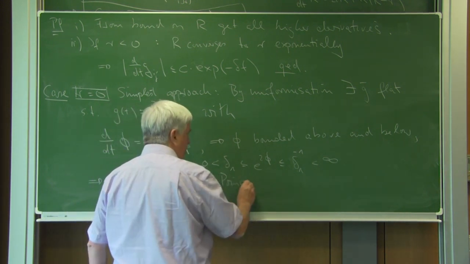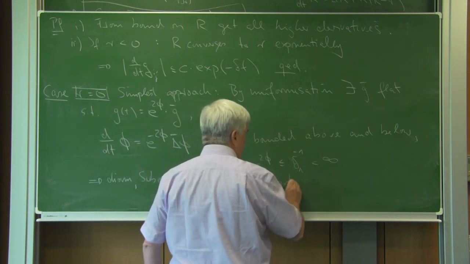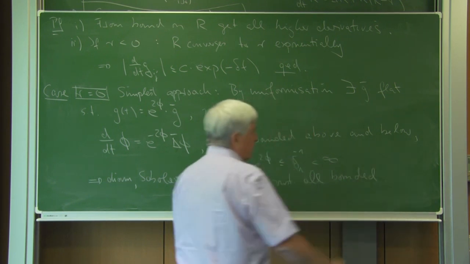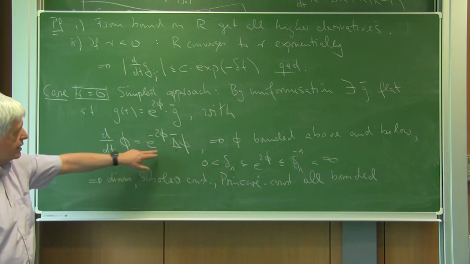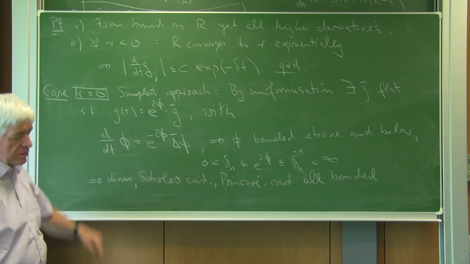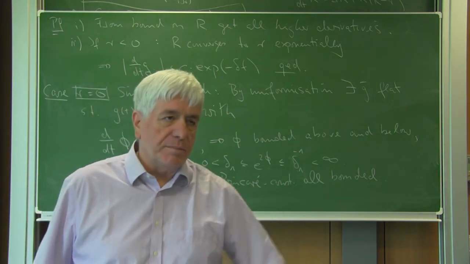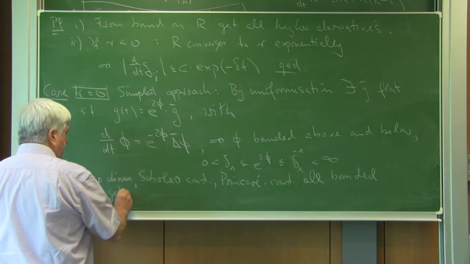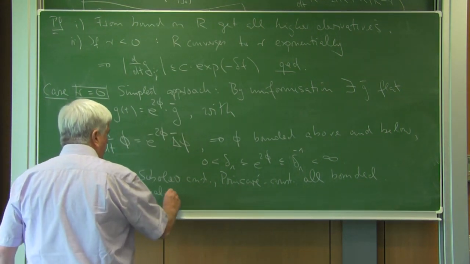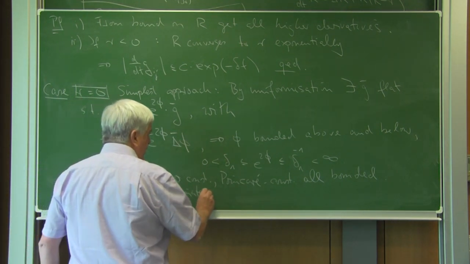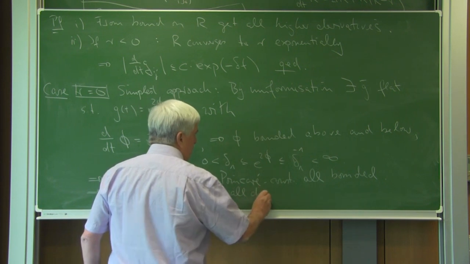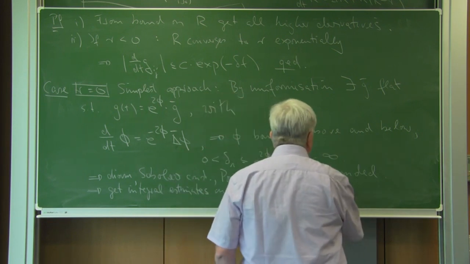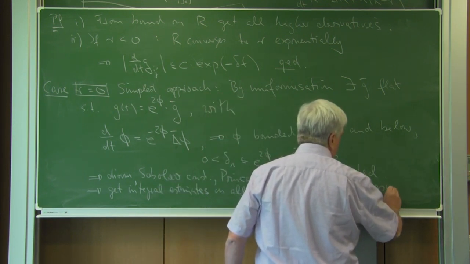And once you have that control, it's not hard to see that you prove integral estimates on phi and get all higher integral estimates on all derivatives of phi, and this gives you the result.